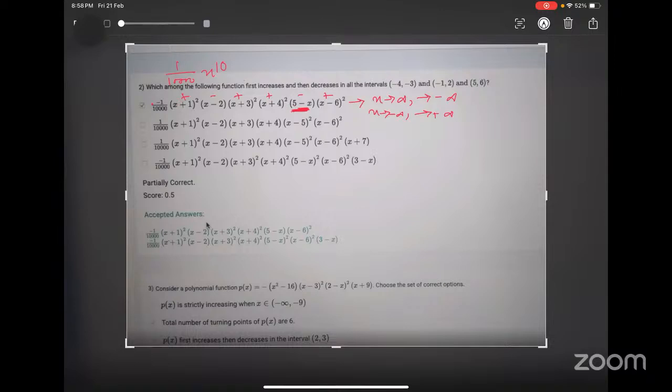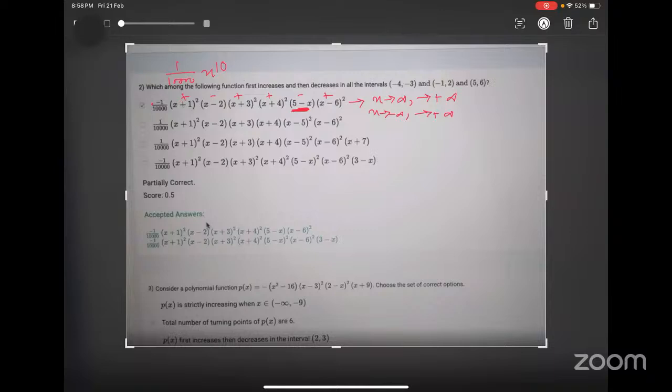Where is the negative sign? When x tends to infinity, the function also tends to positive infinity only. So this will be positive infinity.